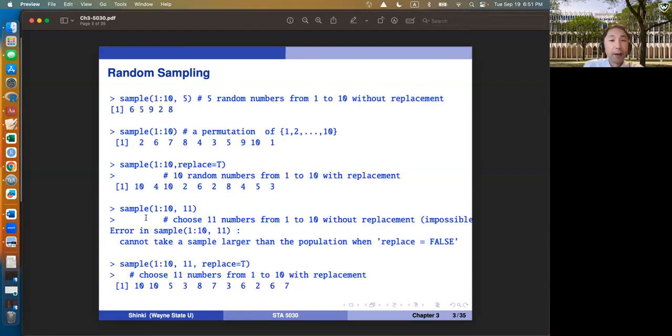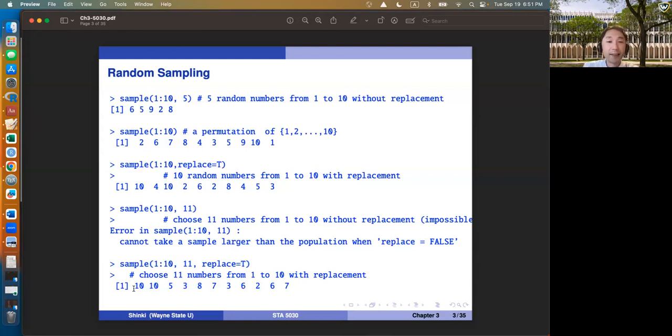Okay, so the sample 1 to 10, 11 makes an error. But sample 1 to 10, 11 with the replace option equal to true returns a sequence, because we can take the same observation multiple times. So we can make a sequence of any length, here length 11 and 12 and so on.